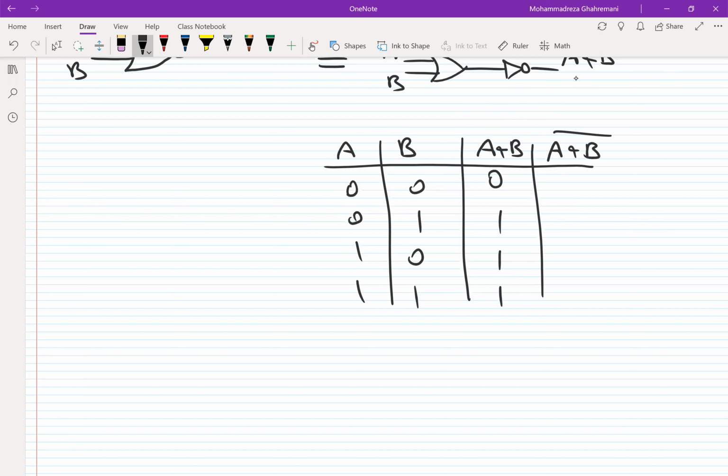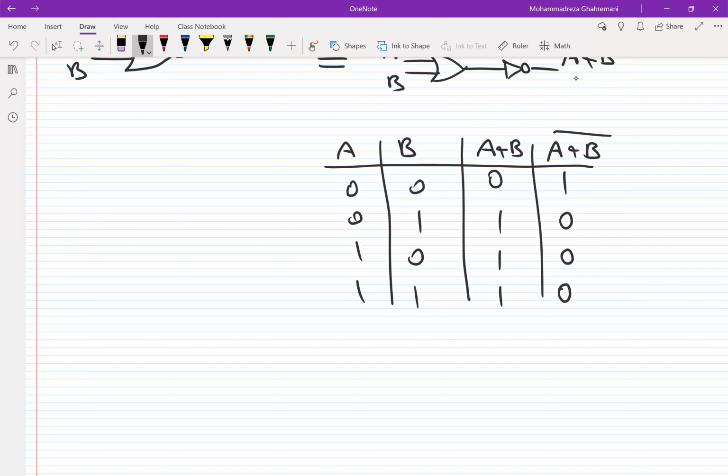And the NOR gate is the inverse or complement of OR gate. So it's 1, 0, 0, 0. So if I want to describe NOR gate as a function of inputs, we can say the output of a NOR gate is 1 if all the inputs are equal to 0. Otherwise, the output will be equal to 0.